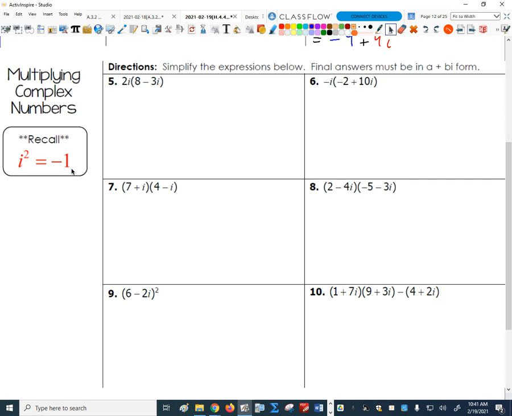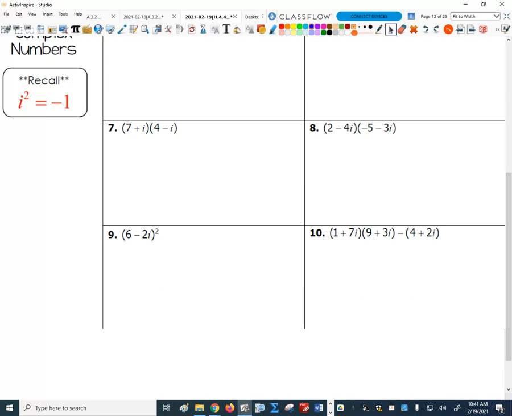Okay, so let's take this example. It doesn't matter which one. How about number 8? If I'm going to distribute here, I'm going to distribute the 2 to both parts, and I'm going to get 2 times negative 5 is negative 10. 2 times negative 3i is negative 6i.